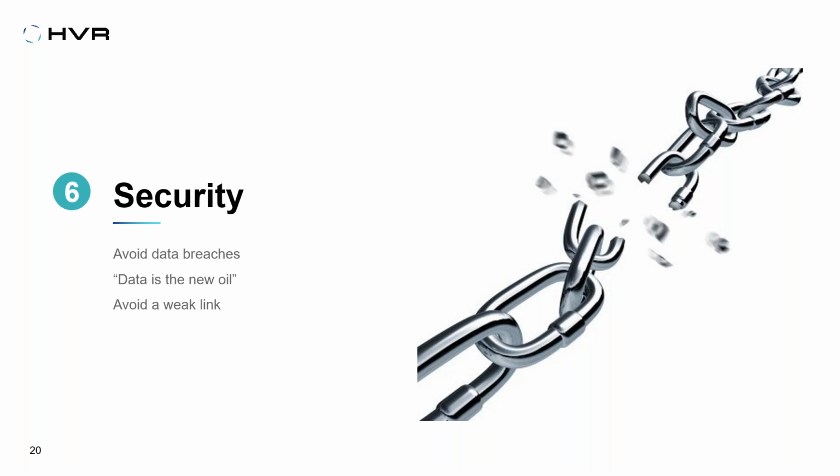Data is the new way to ensure that we maintain our competitive edge over the competition. Data is the way we reduce the risk, how we manage our costs. So from a security perspective, avoid introducing a weak link in your data integration pipelines. So what does that mean? That means you want to use encryption as much as possible.